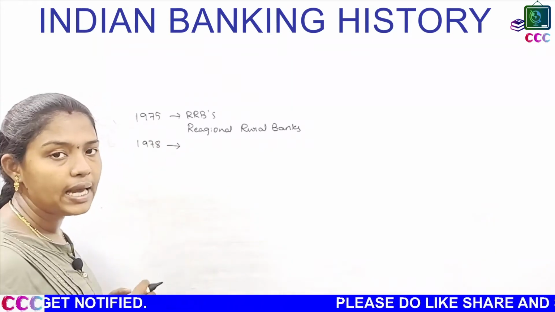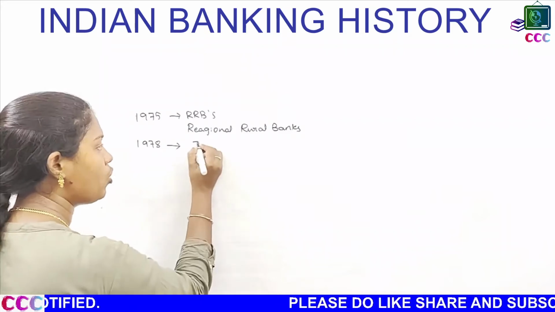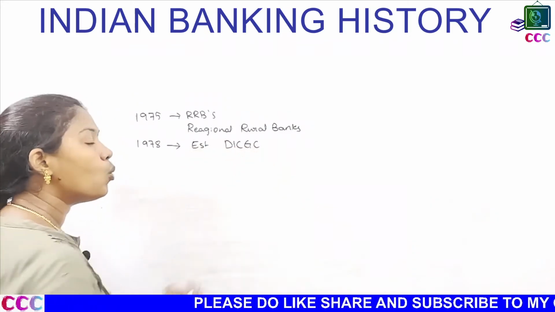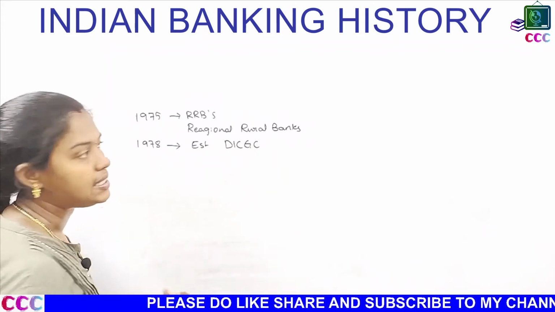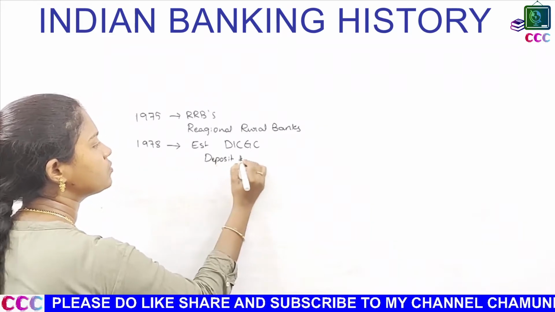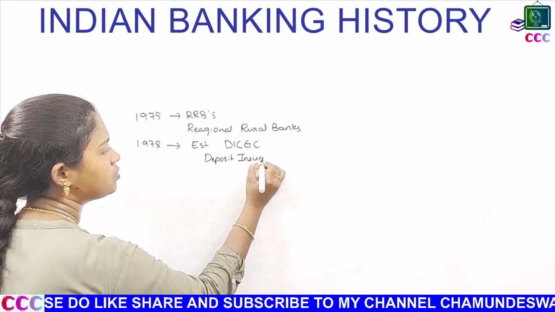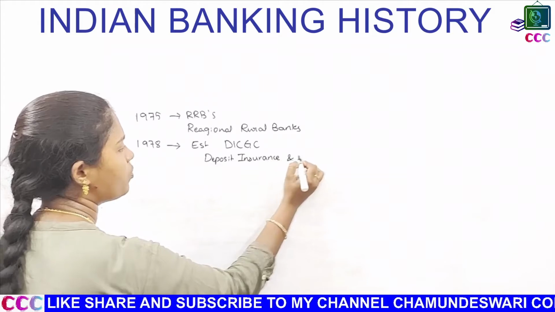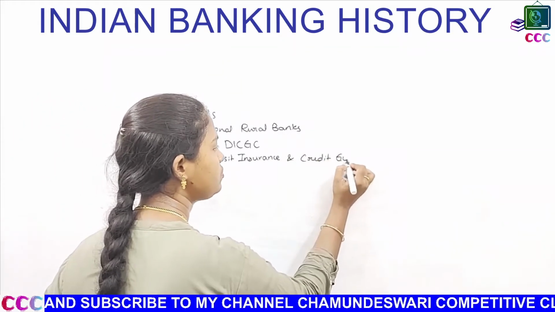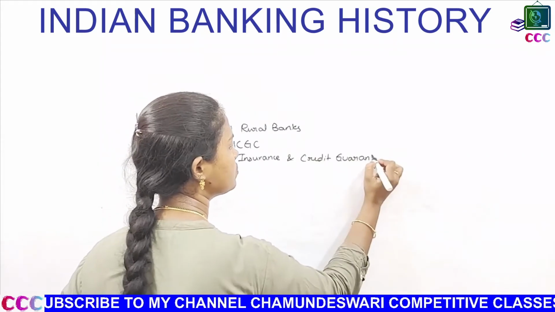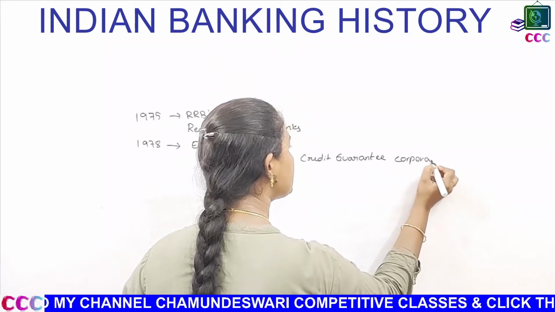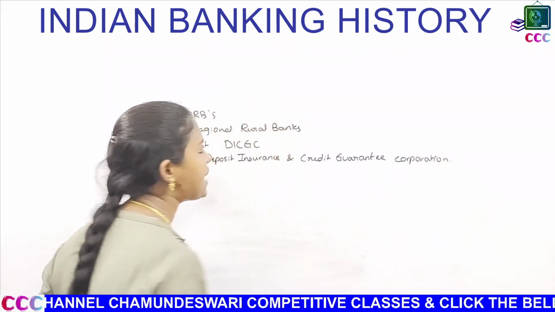Okay, next 1978. What happened? Establishment of DICGC. DICGC stands for Deposit Insurance and Credit Guarantee Corporation. What is the meaning of Deposit Insurance and Credit Guarantee Corporation?